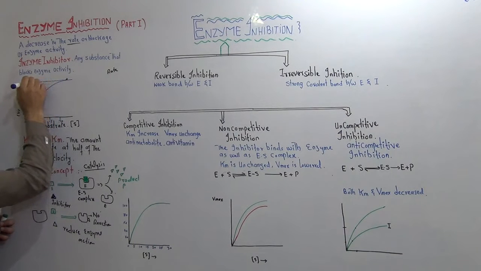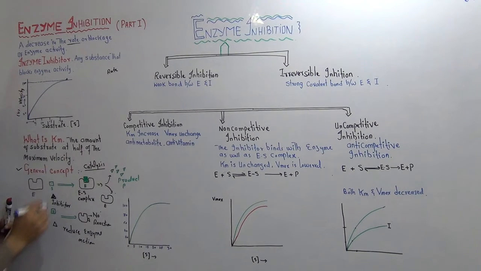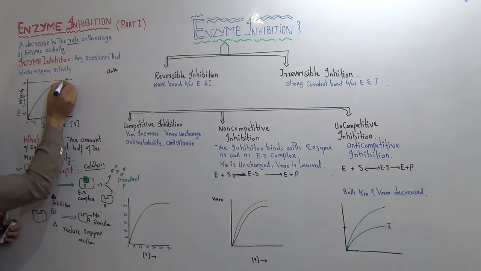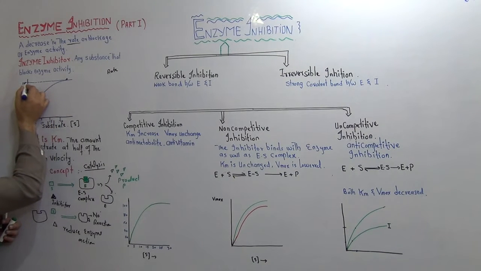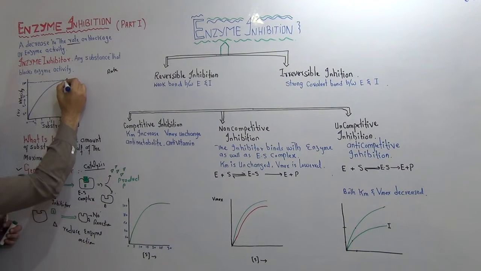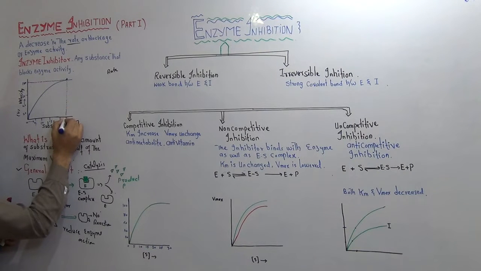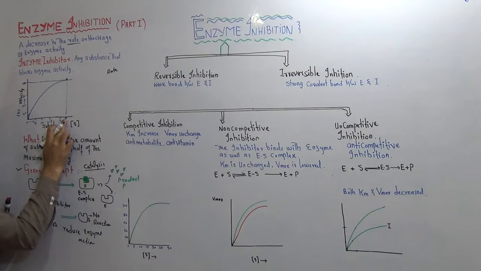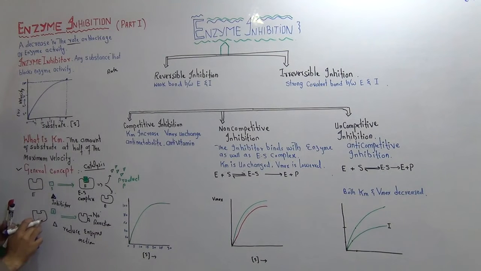Bring this point and attach it to the y-axis. This point can be brought over to the y-axis as well as over to the x-axis. So at this particular concentration of the substrate, the speed is 100.